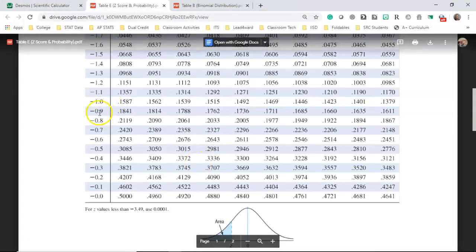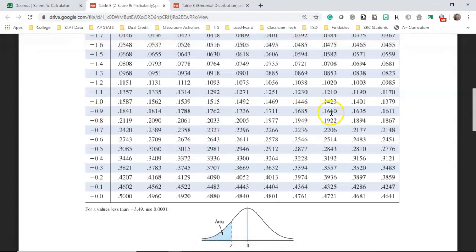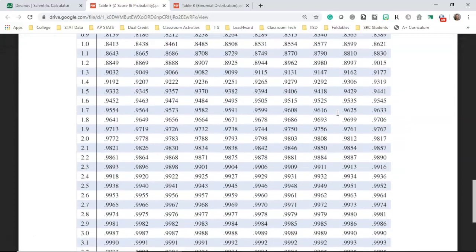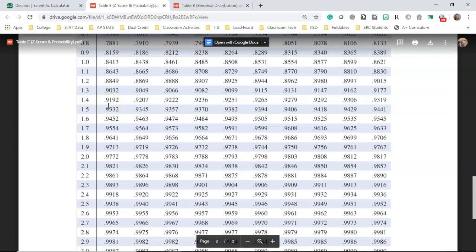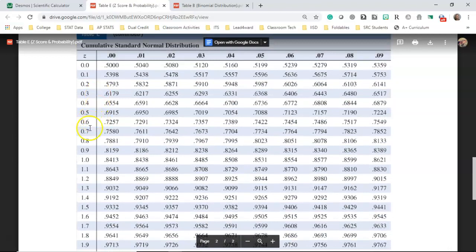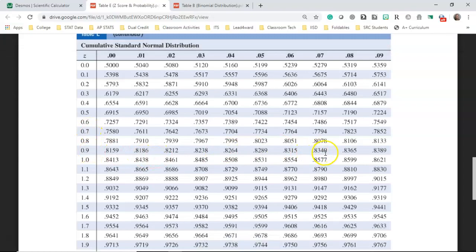So for negative 0.97, that's here, 0.1660, and then positive 0.97, here's 0.9 and then 7 is here, 0.8340.